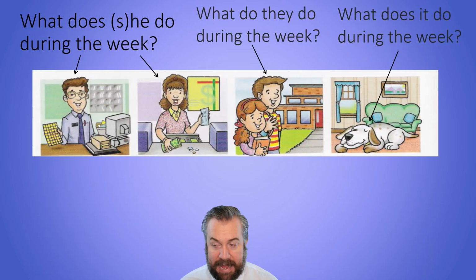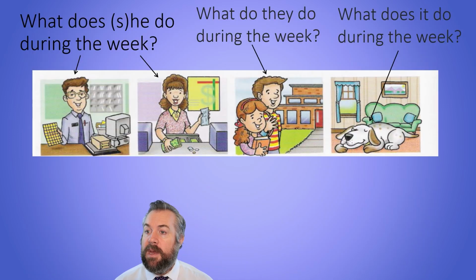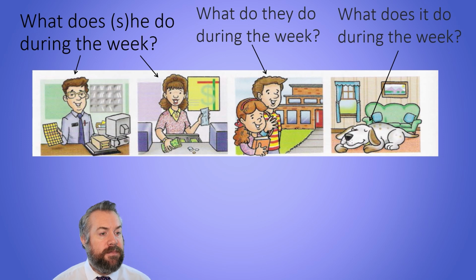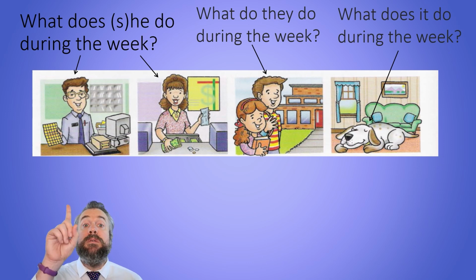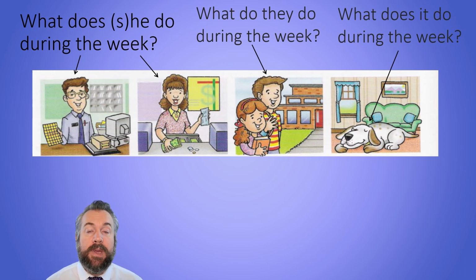Let's have a look at the pictures. So the first picture, Mr. Garcia, Mrs. Garcia, Jennifer and Jonathan Garcia, and Max the dog. So what does he do during the week? He works at the post office.